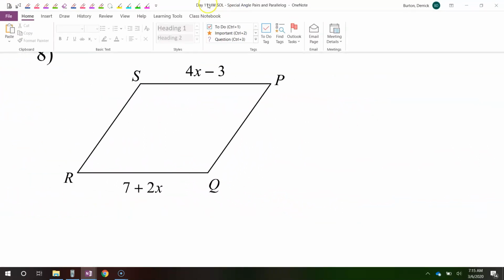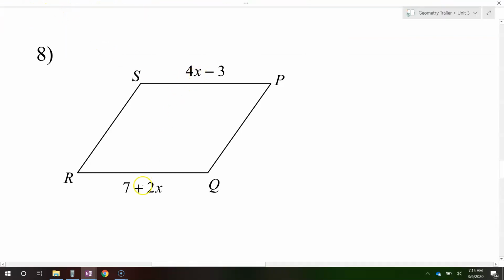Okay, opposite sides of a parallelogram are congruent. So these opposite sides will be congruent. So that means that 4x minus 3 should equal 7 plus 2x. I see the variables on opposite sides.